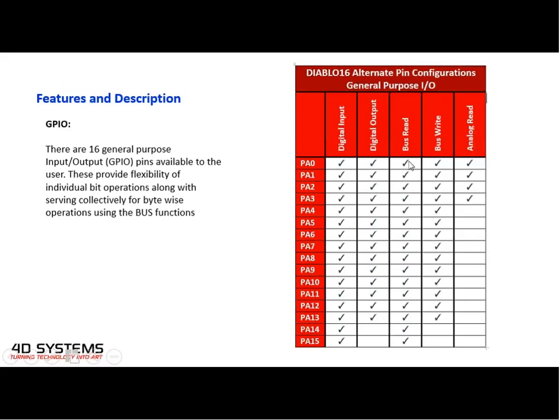At the same time, you can use some of the GPIOs for special signals like bus read, bus write, and for the analog, for instance, we have only PA0, PA1, PA2, or PA3 assignable.